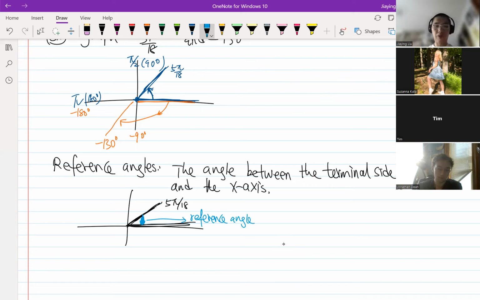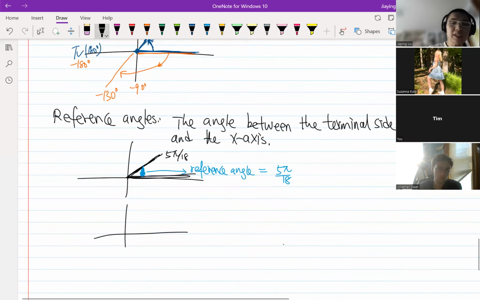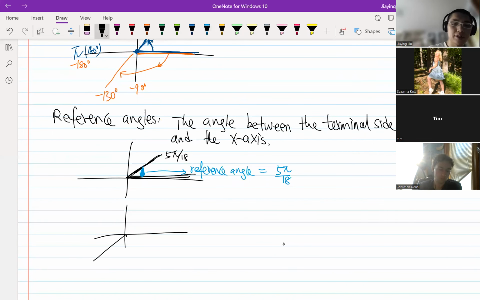And in this case, the reference angle happened to have the same measurement as the given angle 5 pi over 18. That's not always the case. For example, the second example I had, negative 130 degrees.